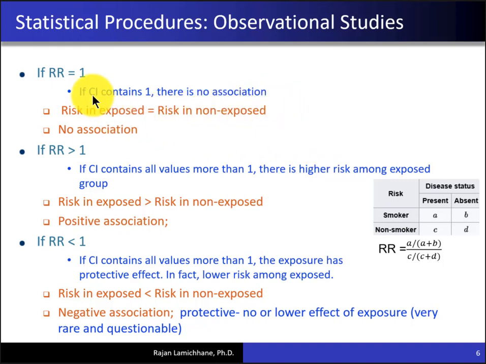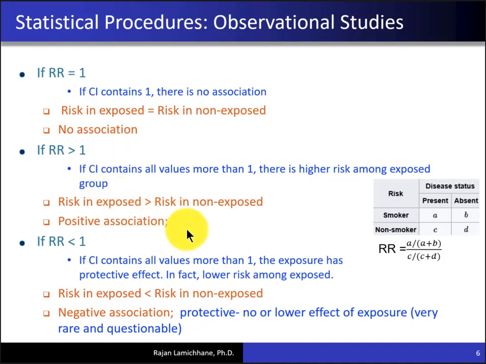In that case, the risk in the exposed group is the same as the risk in the non-exposed group, and we can say that there is no association between the exposure factor and the disease. And if the relative risk is more than 1, it means that the risk of disease in the exposed group is higher compared to the risk of disease in the non-exposed group.